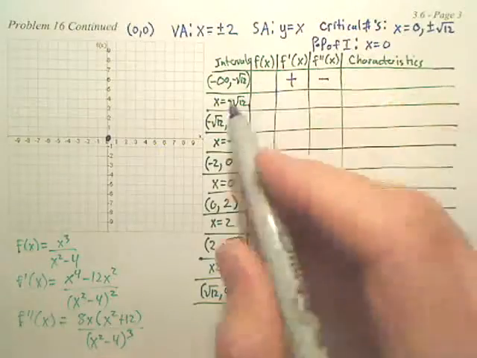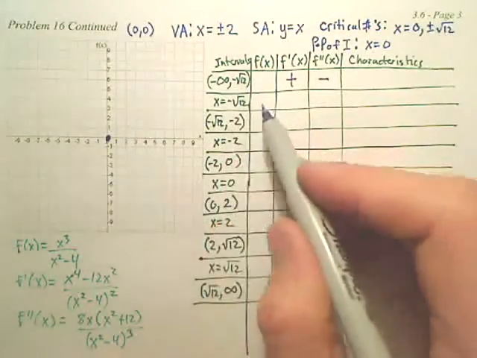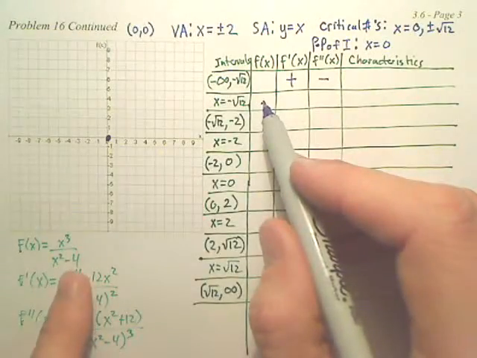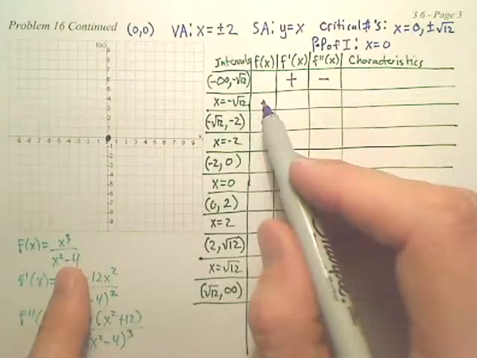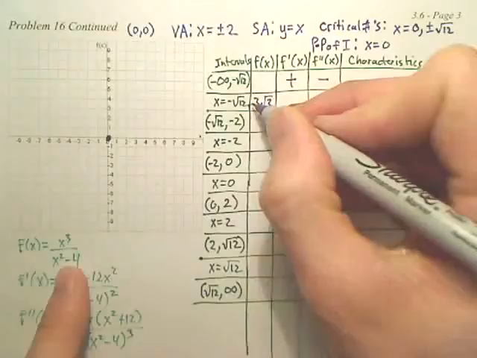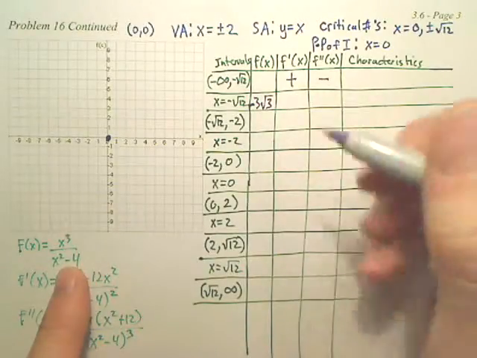When we plug in the negative square root 12 right here, we're plugging into the original. Yes, that's going to be fun to do. And let me just tell you the answer. Negative 3 square root 3, or negative square root 27. Are you guys okay with that?